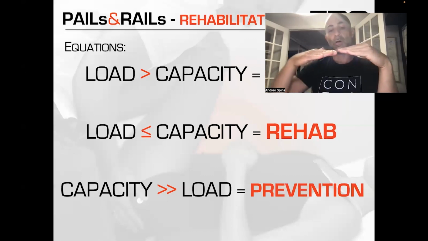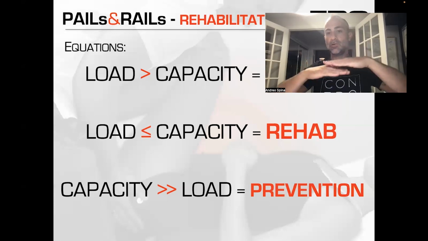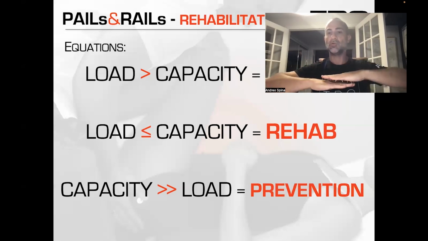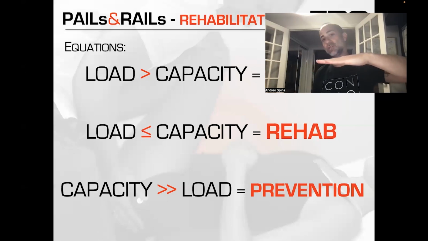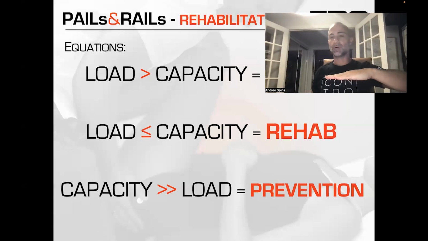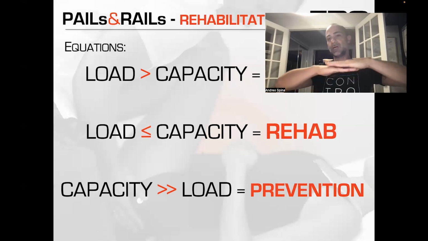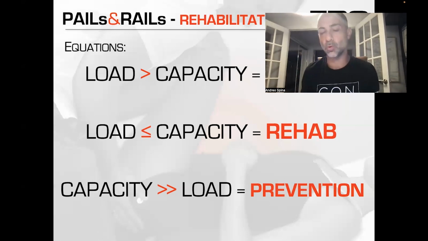Having said that, when you take a load under the load-bearing capacity and you start to bump up that capacity, you eventually rehabilitate that tissue back to its normal load-bearing capacity. And that's usually where rehabilitation stops. Your load-bearing capacity was here, injury occurred, it bumped it down to here, the person comes in with rehabilitative measures, and they start pushing that load-bearing capacity up to where it was before.